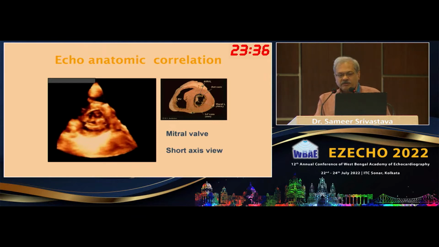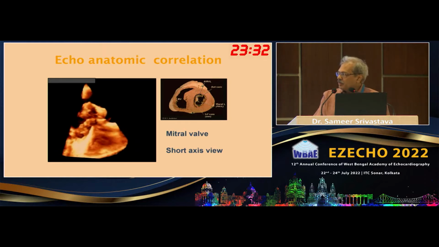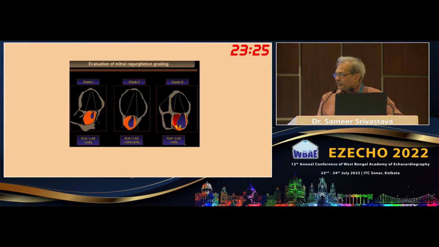When it comes to quantification, the quantification of ischemic mitral regurgitation is almost the same as what we know in other mitral regurgitation. You have regurgitant jet area to LA area, and you can grade.